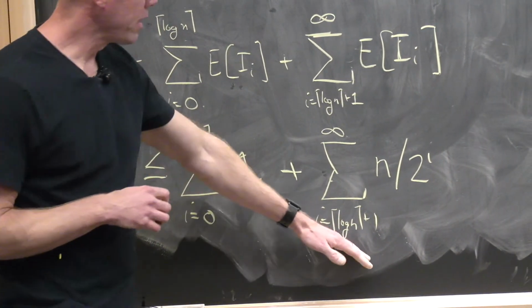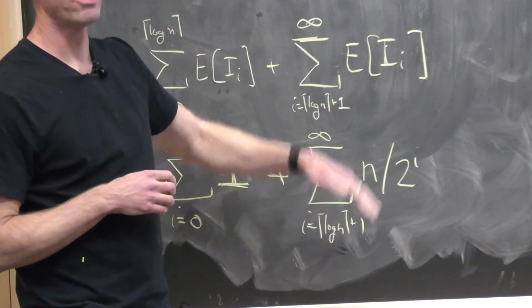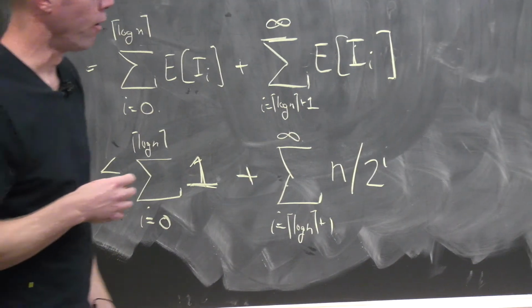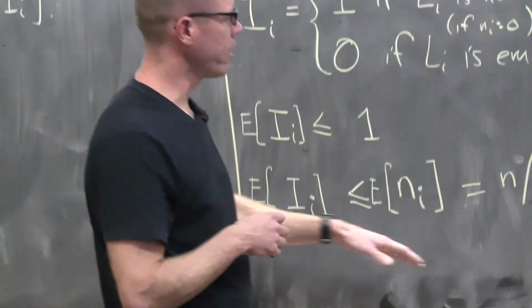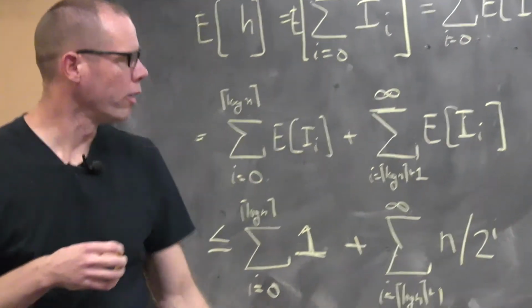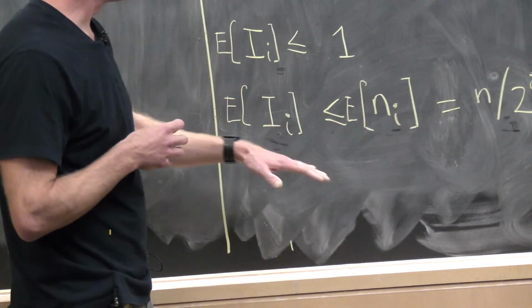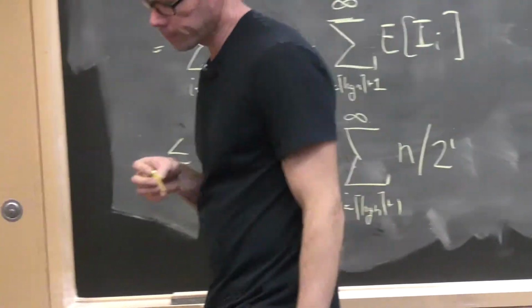But after that, once I get beyond the log nth list, there's a reasonable chance that these things are empty. So rather than using this variable directly, I'll just take their expected sizes, which we argued here, the expected size of this list is definitely bigger than or equal to this indicator variable. All right.